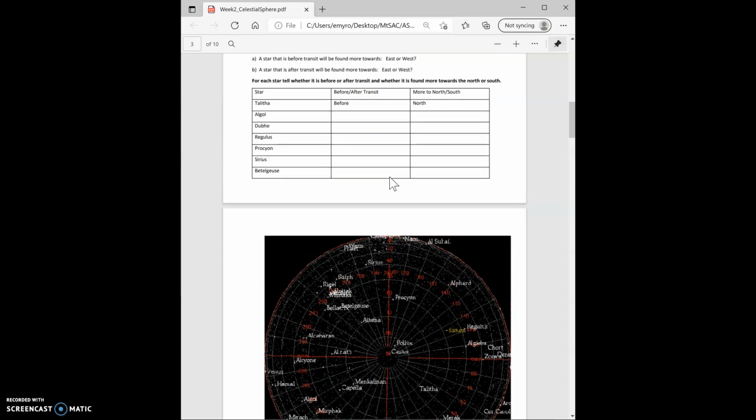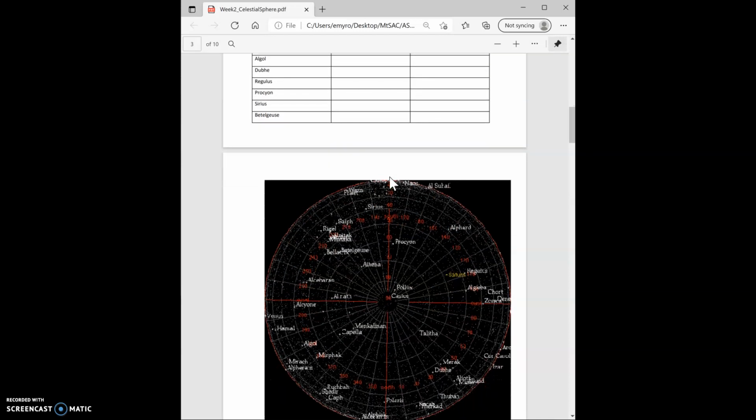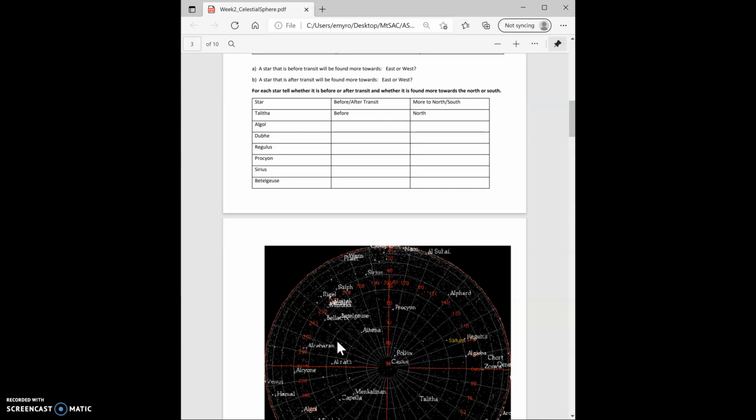So now when a star is before transit, all objects in the night sky rise in the east and set in the west. So a star before transit, before going to the meridian, will be rising, going to the meridian. It would be found in the right part of the chart. A star after transit will be on its way towards setting after it passed the meridian. So it will be on the left part of the chart.